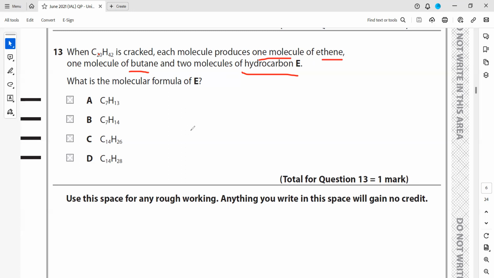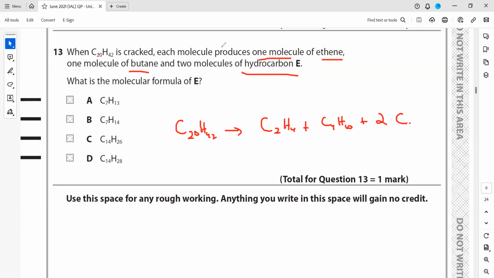We have C20H42. It produces one molecule of ethene. Eth means 2 carbons, C2H4. One molecule of butane, C4H10, and 2 molecules of the hydrocarbon.